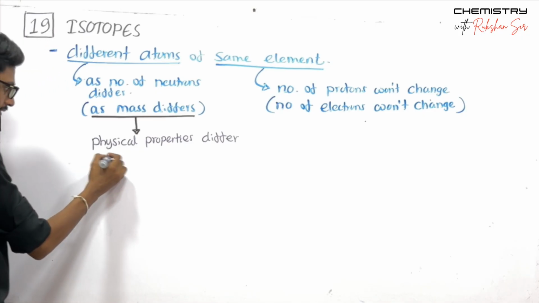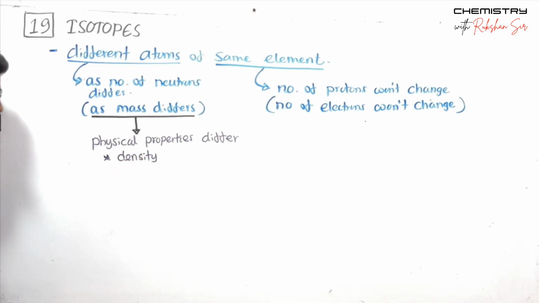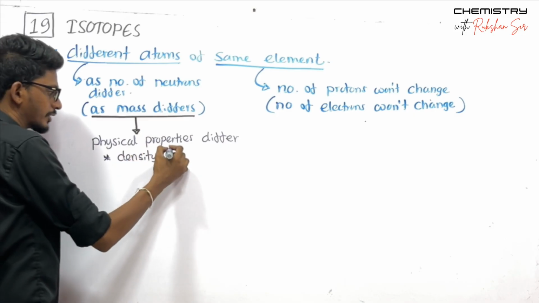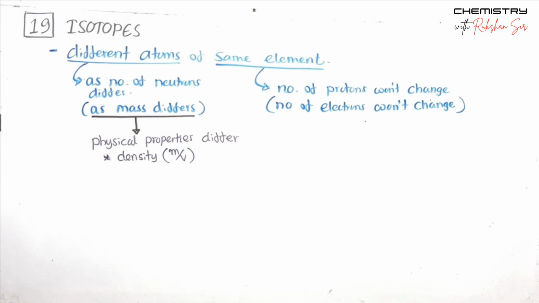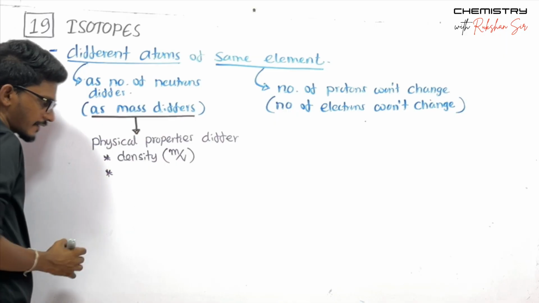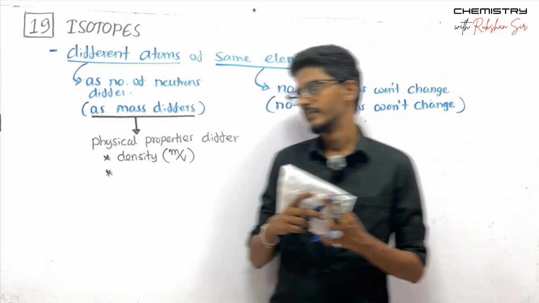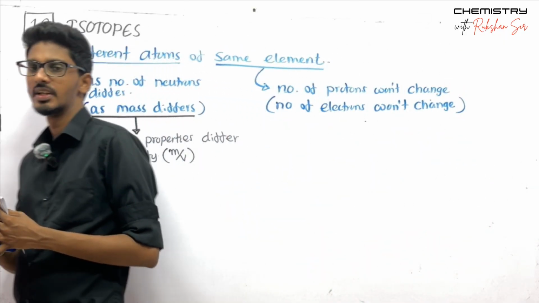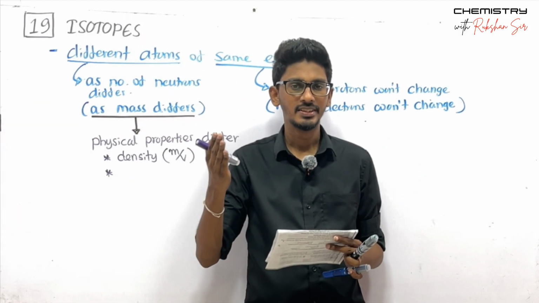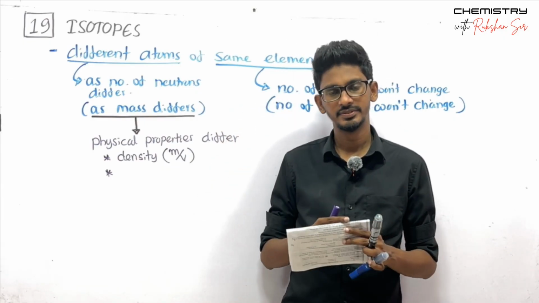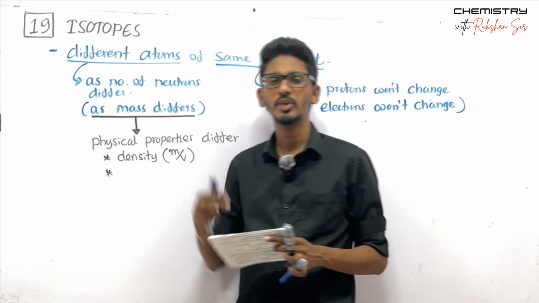Some examples: density, no, associated with mass. Melting points, boiling points. So it is hard to melt a substance when the mass is high. Melting means you have to convert a solid to liquid. Boiling means you have to convert a liquid to gas.